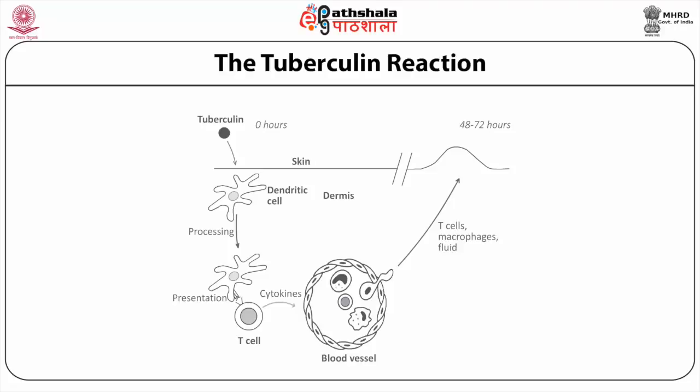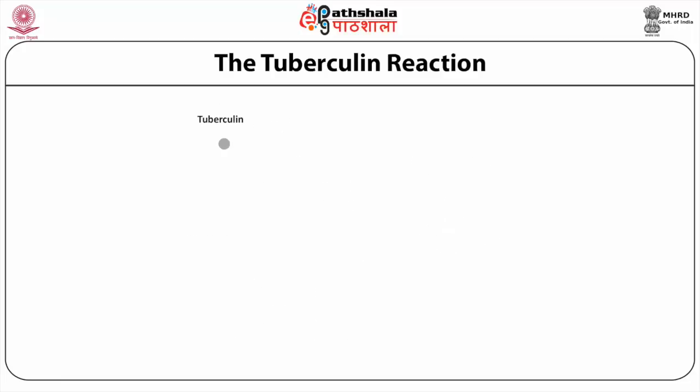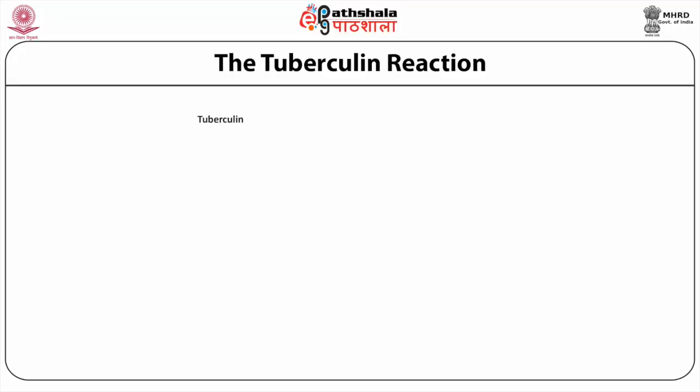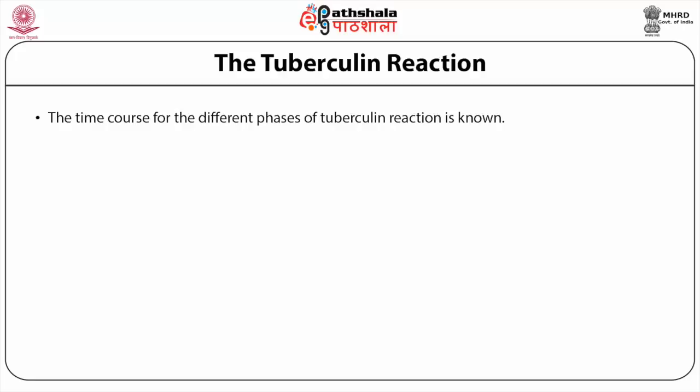T cells produce cytokines which alter endothelial cell adhesion molecules. This allows monocytes to enter the local site and mature into macrophages. It is the synergy of T cells and macrophages which produce products which induce swelling. The time course for the different phases of tuberculin reaction is shown here.